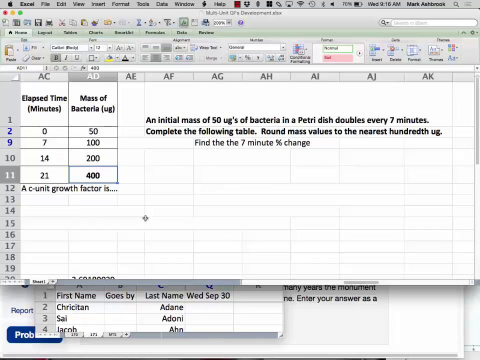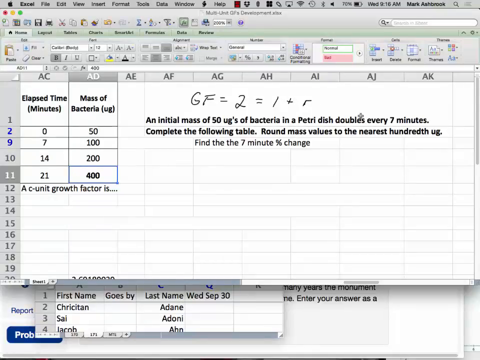Okay, this is where it gets dicey. Make sure you have this. The growth factor is 1 plus the percent change. The 1 in that growth factor has to be what you had before, and then the rest is how much you increase by. So it's not a 200% increase. Remember, it's 1 plus the percent change.